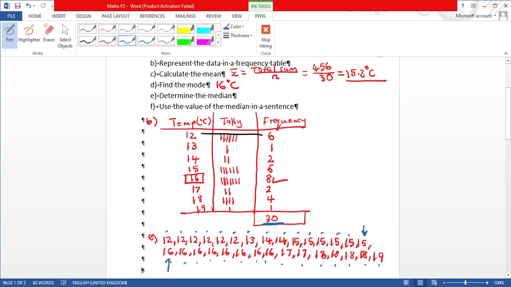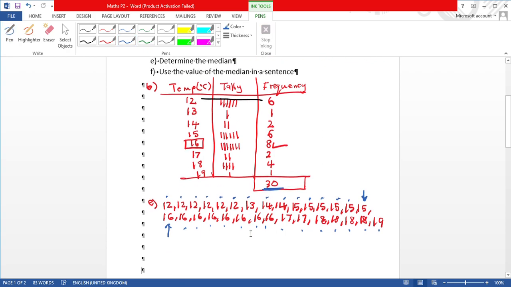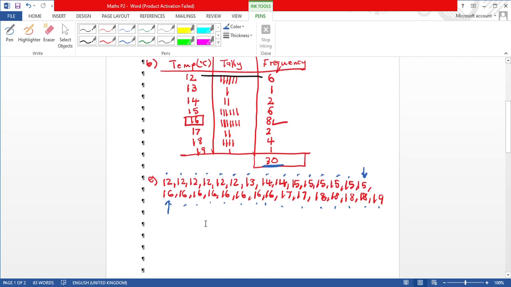So now, since you are looking for the median, we're going to get the average of these two numbers. We managed to get a 15 and a 16, so we're going to get an average.